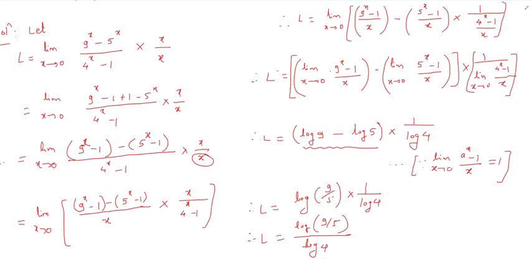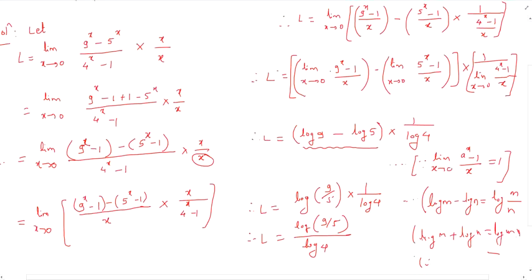Okay, so there is no law for that one. We have the laws of logarithm which we have used here: log m minus log n is equal to log of m by n, if you remember that one, and log m plus log n is equal to log of mn.